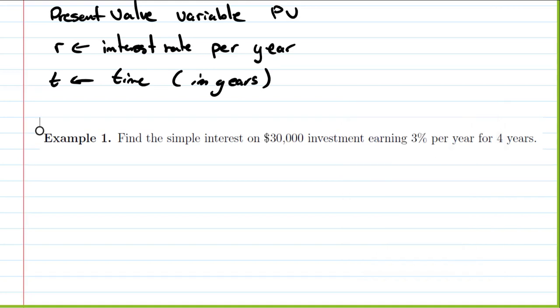So the $30,000 is going to be our present value. And our interest rate, we can never use it as a percent. We must always convert it to a decimal. And it's going to be our R, and our time, T, is going to be the 4 years.